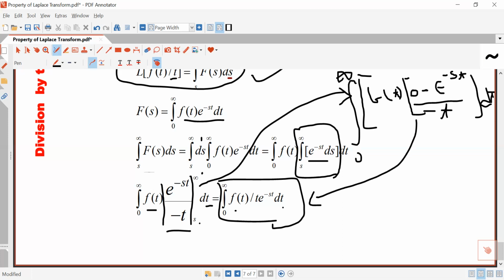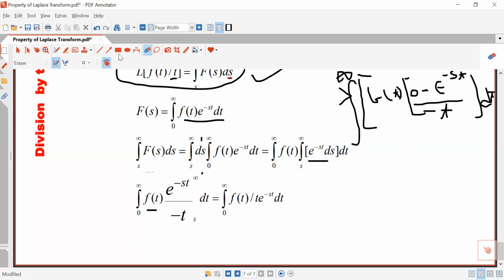And obviously here you can see that in place of f(t), here is f(t) divided by t. So this is the Laplace transform of f(t) by t.